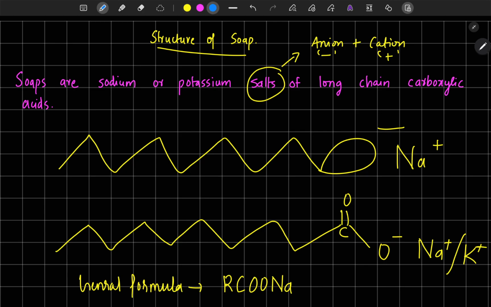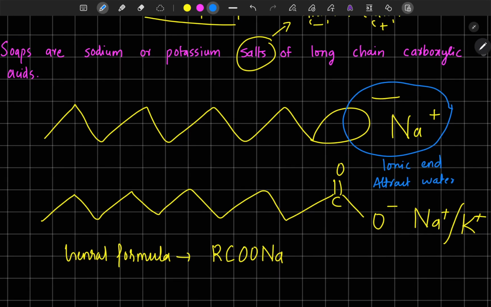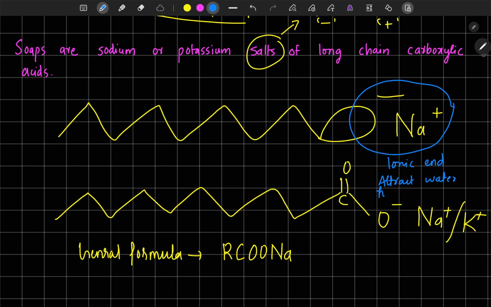You also need to understand one more thing. Like in the image, soap has two ends. This end is the ionic end, and this end will attract water. That is why it is also called the hydrophilic end.